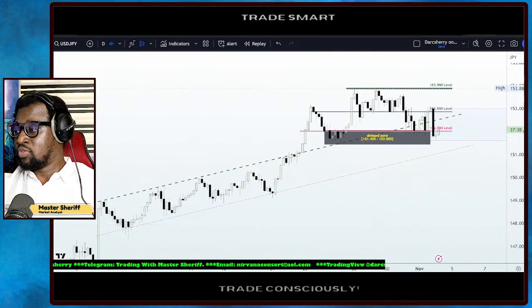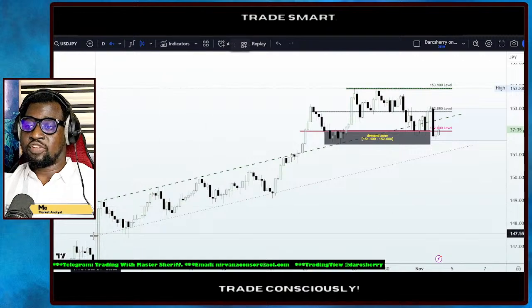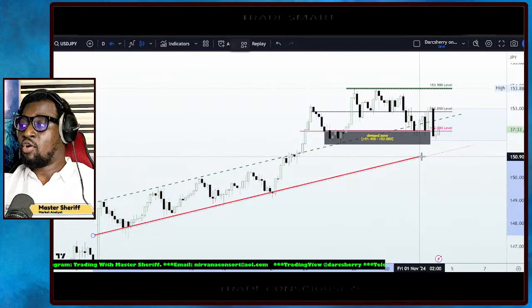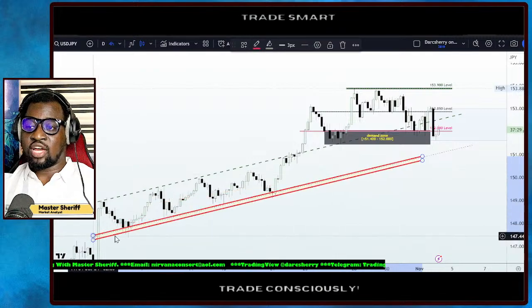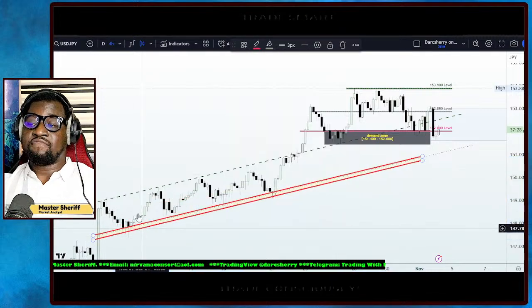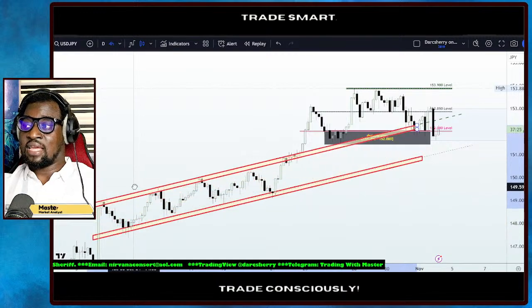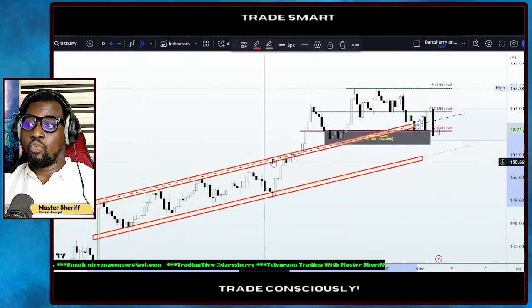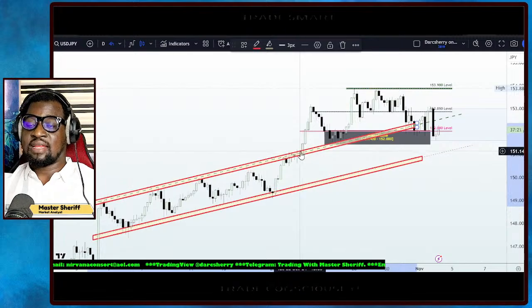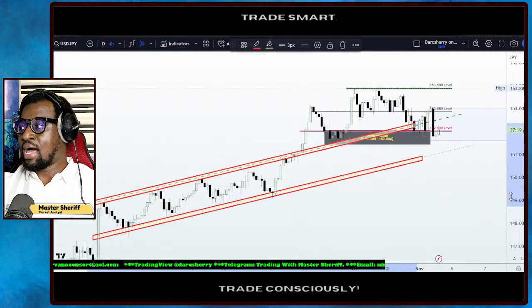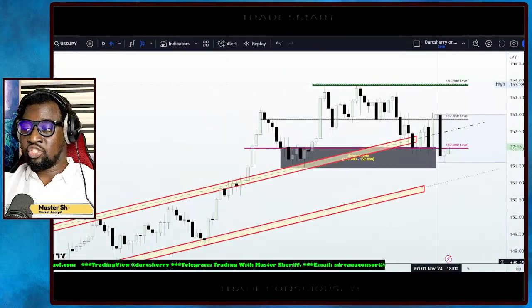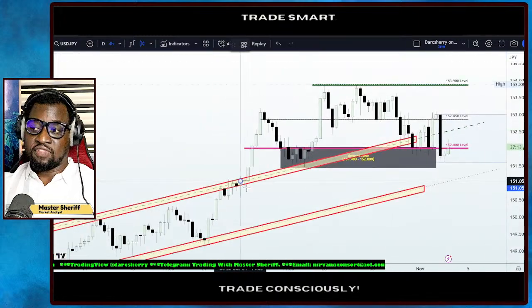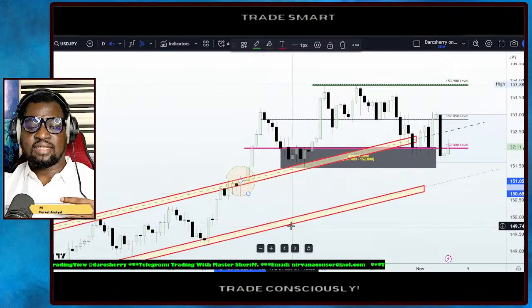And to emphasize the strength of the buyers, I have a couple of ascending trend lines. We have the support of that ascending channel right there, and then we have the resistance line of the ascending channel right here. Now, something interesting happened during the second half of the month of October, where we saw price breach and break out of the resistance line of that ascending channel.